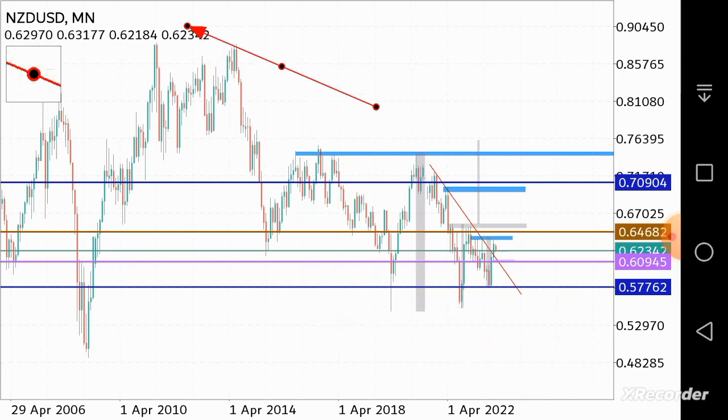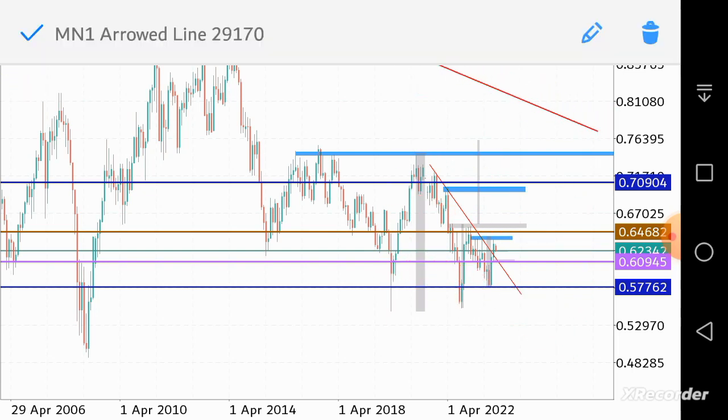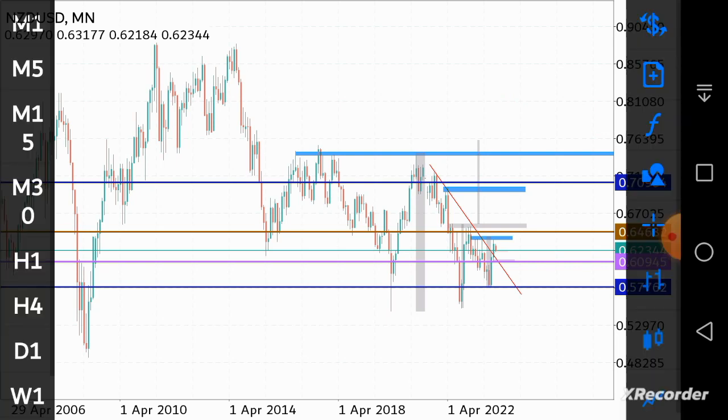So with this move to the downside and with this double bottom price made at this level, we know that double bottom signifies a buy movement, a trend reversal, which means NZDUSD might be reversing to the upside, which is the main direction of the trend, which is the upward trend, right?